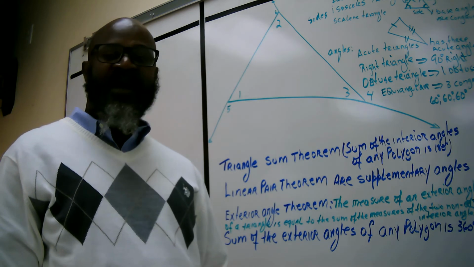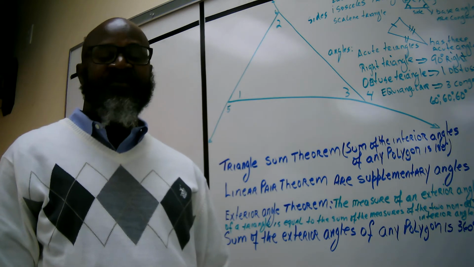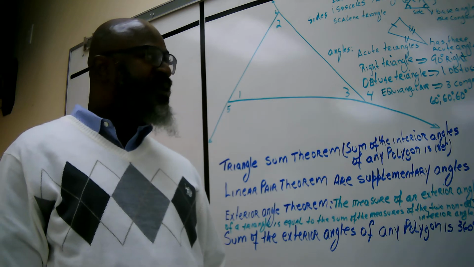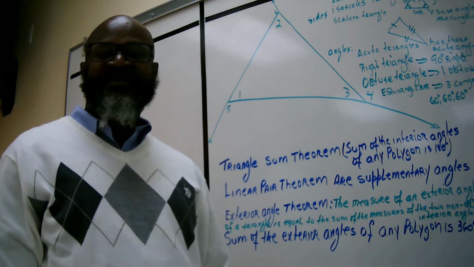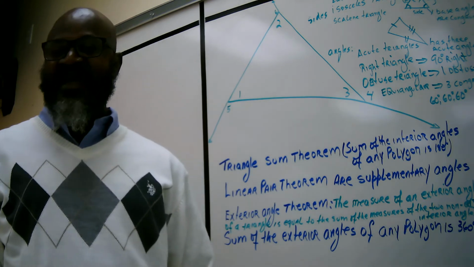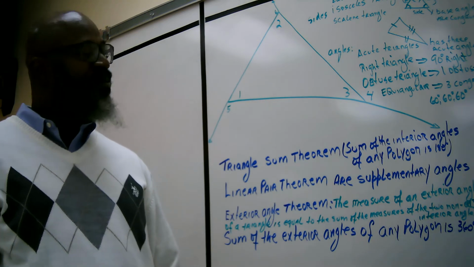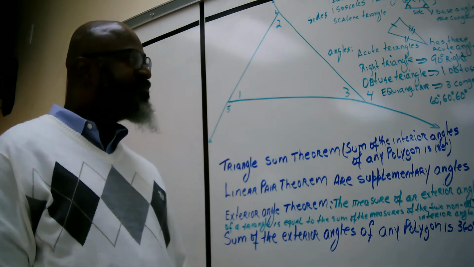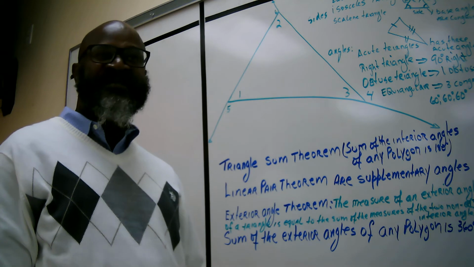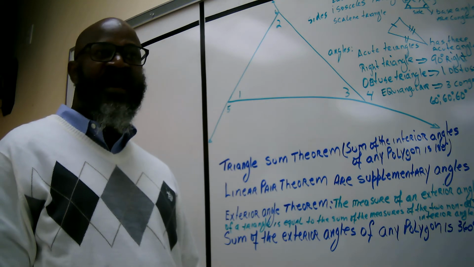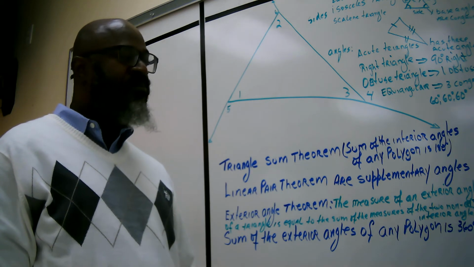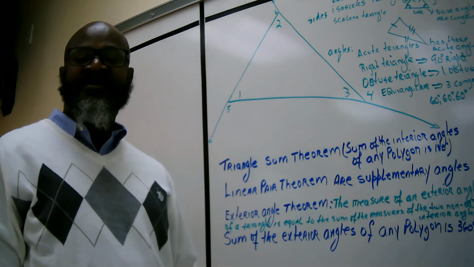There is the acute triangle that has three acute angles. An acute angle is defined as an angle that is less than 90 degrees, between 0 and 90 degrees. A right triangle has exactly one right angle, meaning that one angle must be 90 degrees.